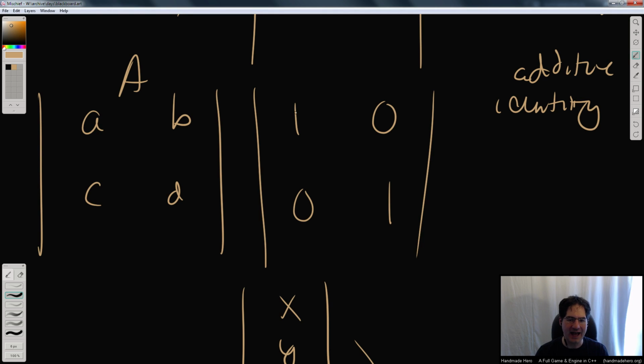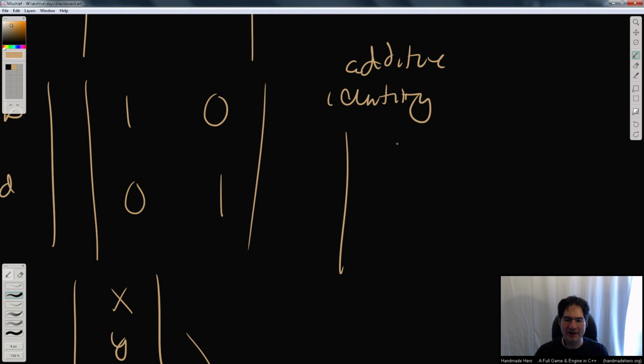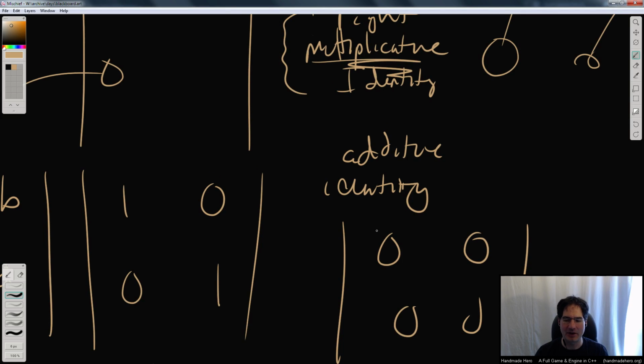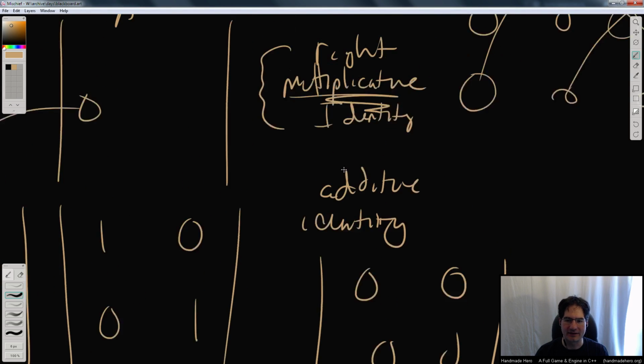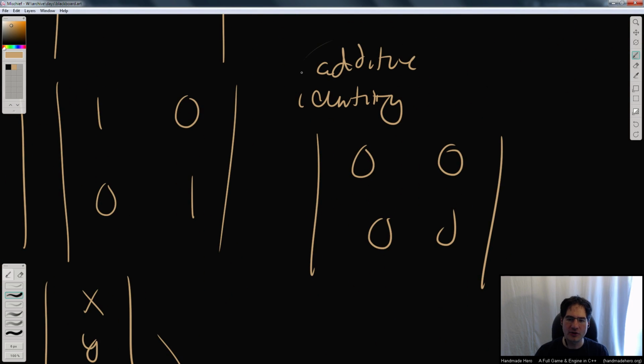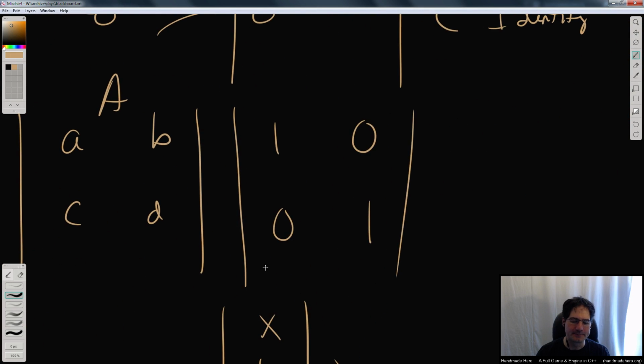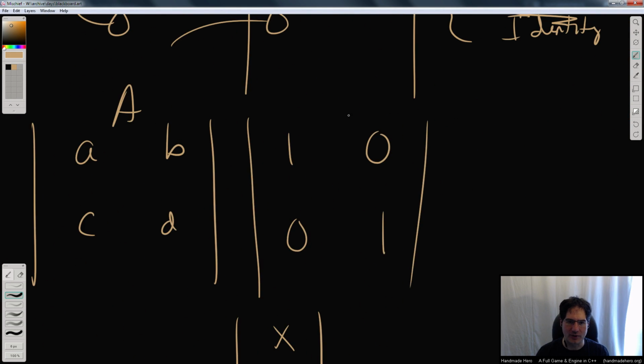If I was to add, I would end up with A plus 1, B, C, D plus 1, which is not the same matrix. So the additive identity is a matrix with all zeros, and that's the same on the right or the left, but that's a separate issue. So again, additive identity, none of this stuff we care about at all. I'm just pointing it out so that if you want to go read linear algebra, you're not totally left in the dark. And we'll get back to the stuff that we actually care about.